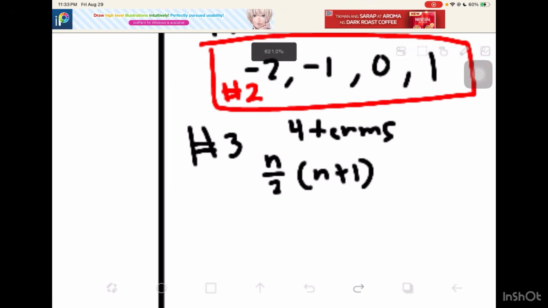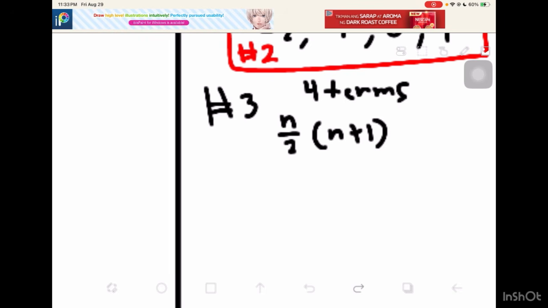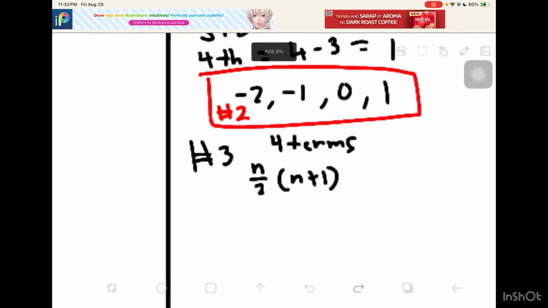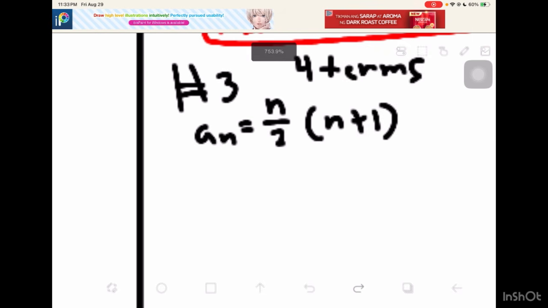Once again, we're going to do the same thing: substitute the numbers 1, 2, 3, and 4 into this formula.